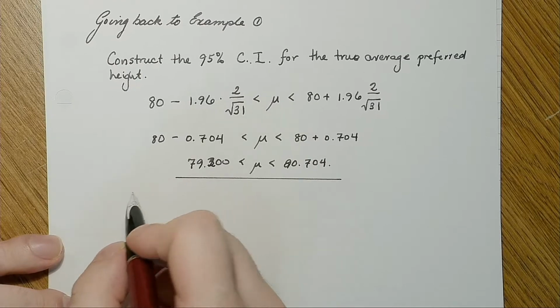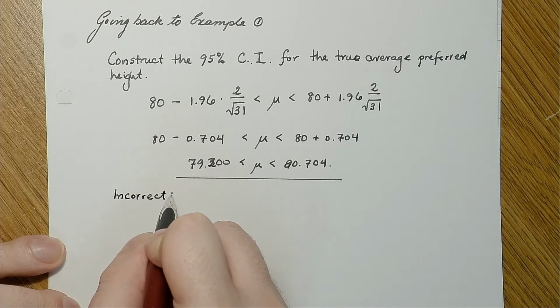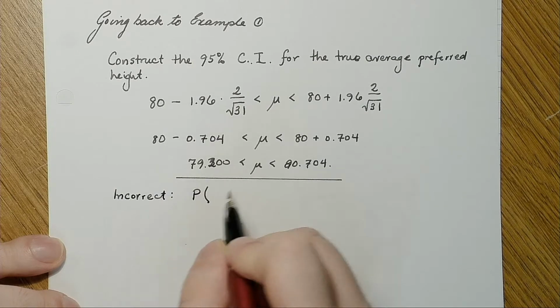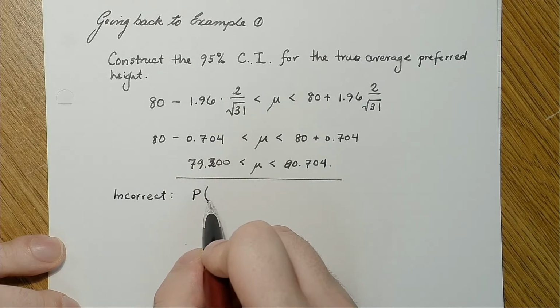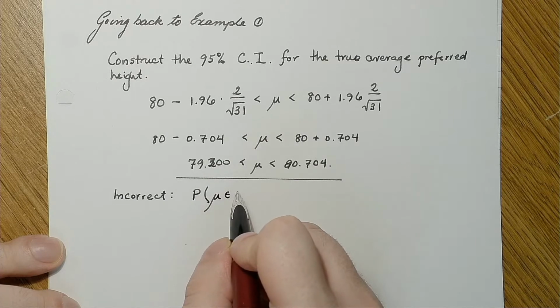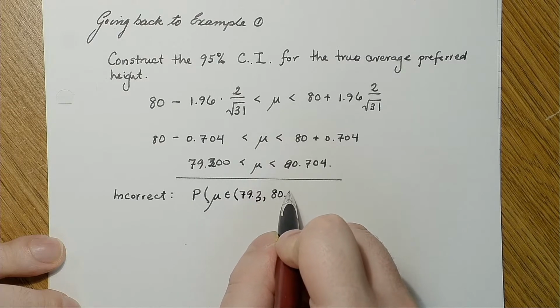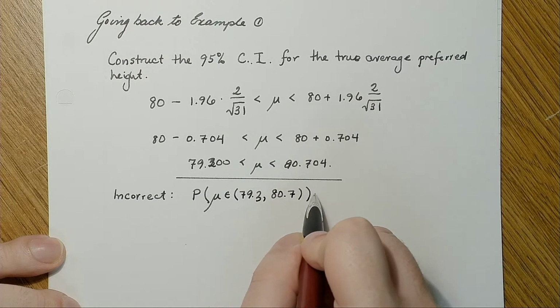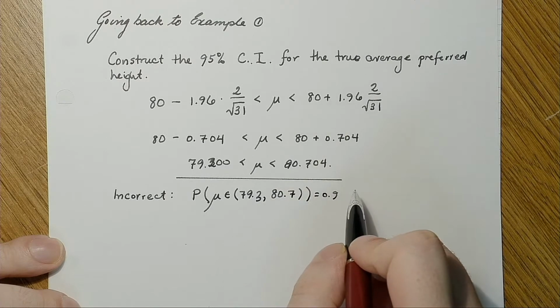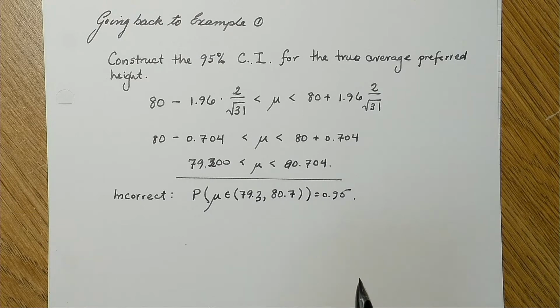It's incorrect to think that the probability that mu is between these values is 95%, because that's not the way that we've been interpreting it.